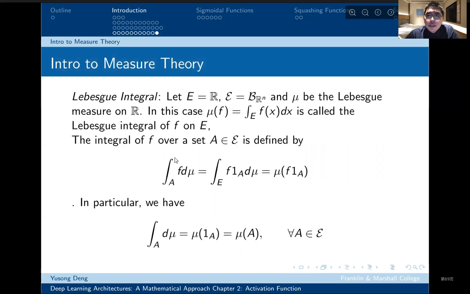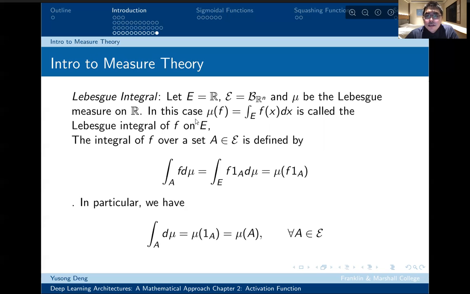Okay, the Lebesgue integral is the last thing we want to discuss in this subsection. Here E equals the real numbers, the epsilon is a Borel sigma algebra on the real numbers, and let mu be the Lebesgue measure on real space.